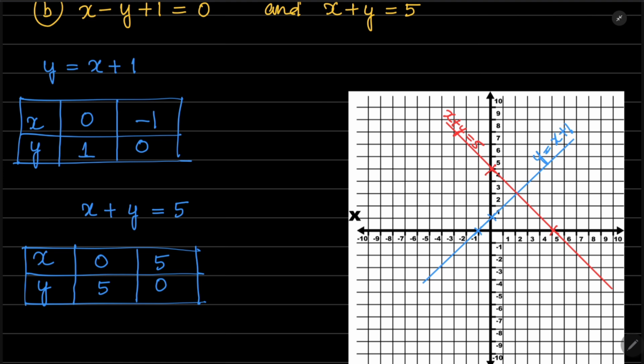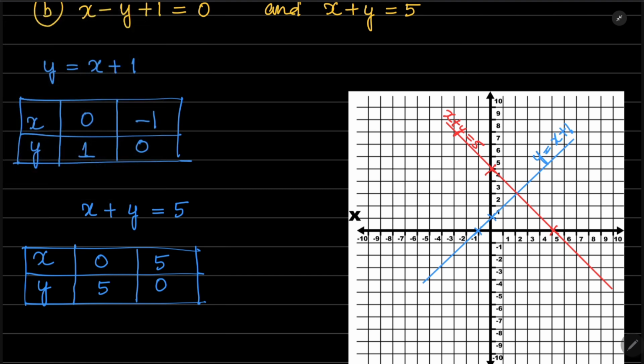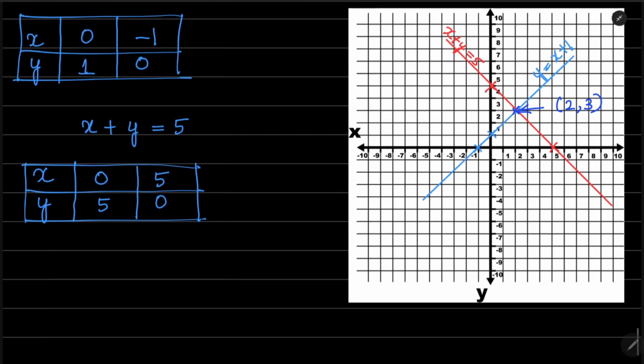Where do they intersect? Can you see the point of intersection? The point of intersection is here. This is the point of intersection, which is nothing but 2, 3. 2, 3 is the solution. So you can just make a note of it.